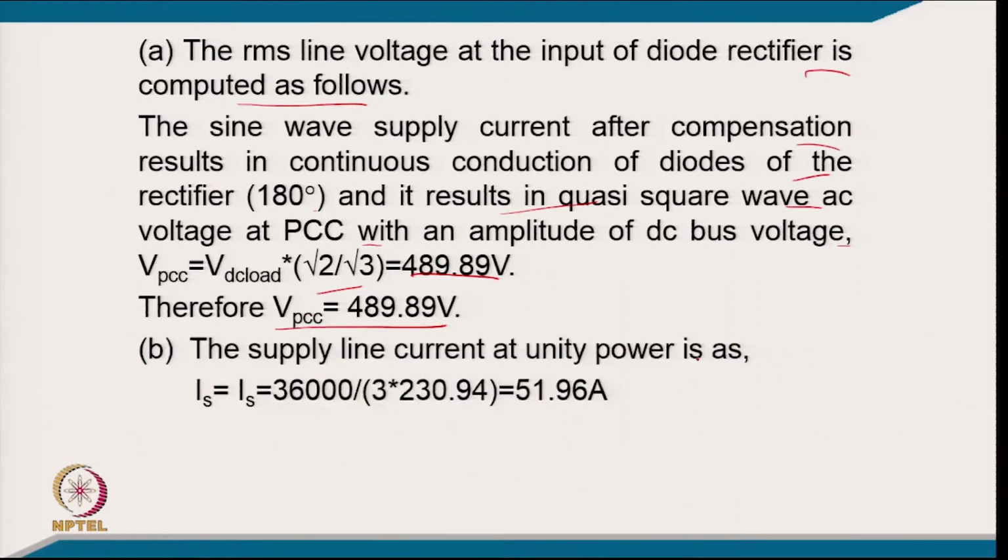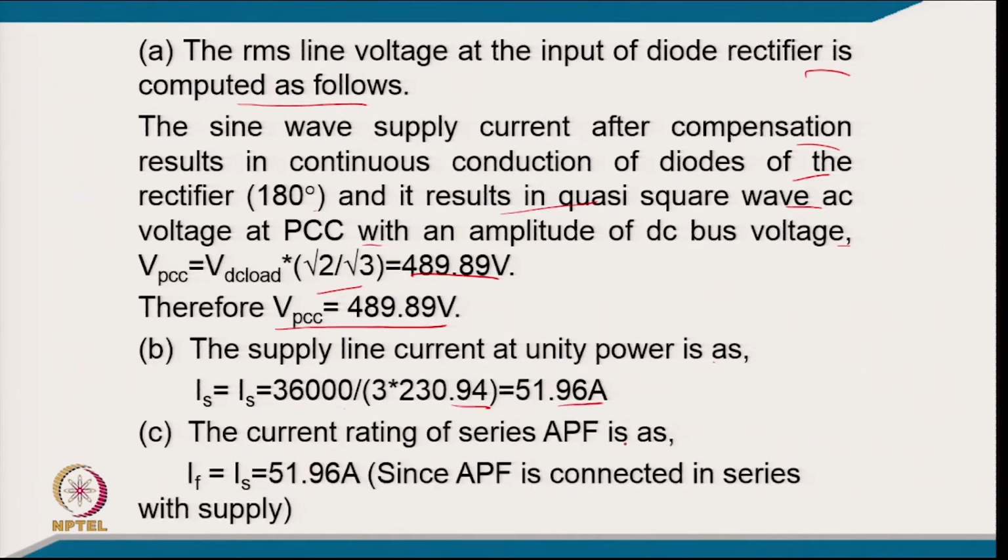The supply line current at unity power factor, that is IS, equals the active power drawn by the load, that is 36,000 watt, divided by 3 into phase voltage, because the power factor is unity, so it comes 51.96 ampere, and the current rating of the series active filter is the same, IF equal to IS, because this filter is connected in series with the line.